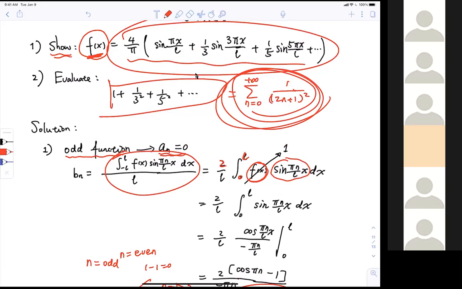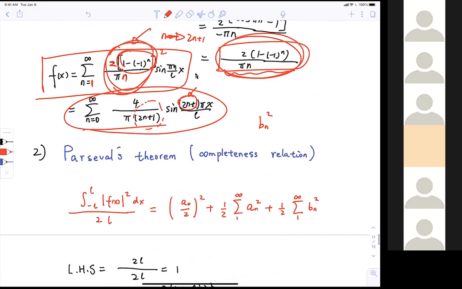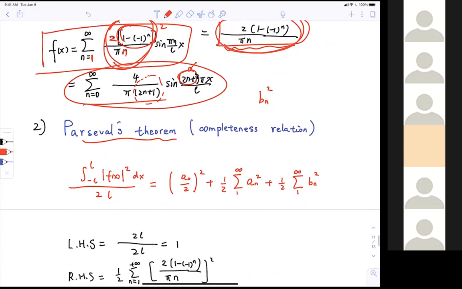Then we recall that in Parseval's theorem, there's something like a Bn squared, right? So we can apply this theorem.